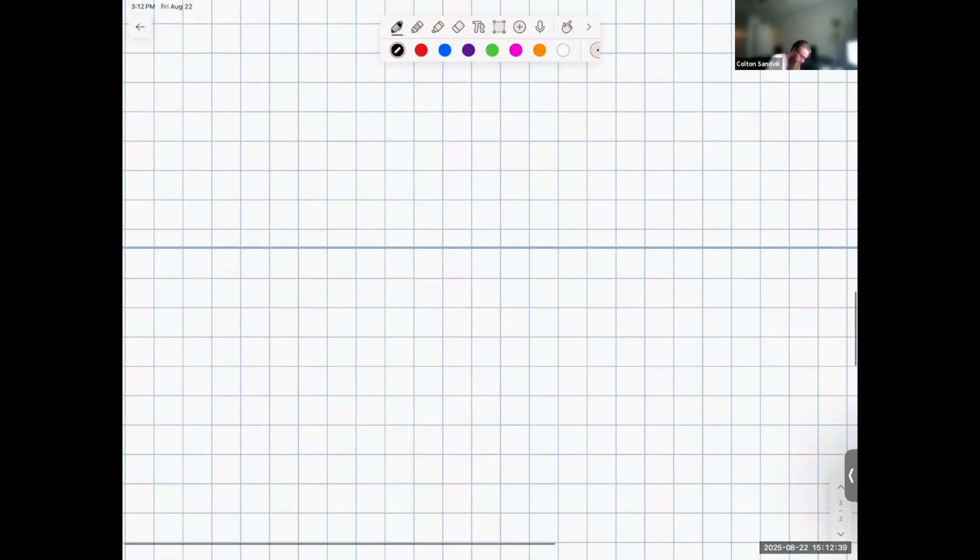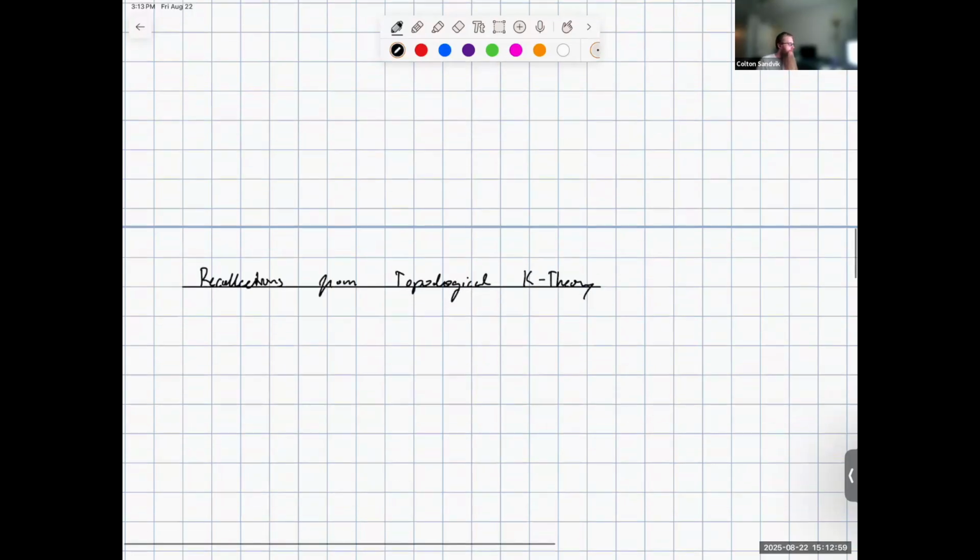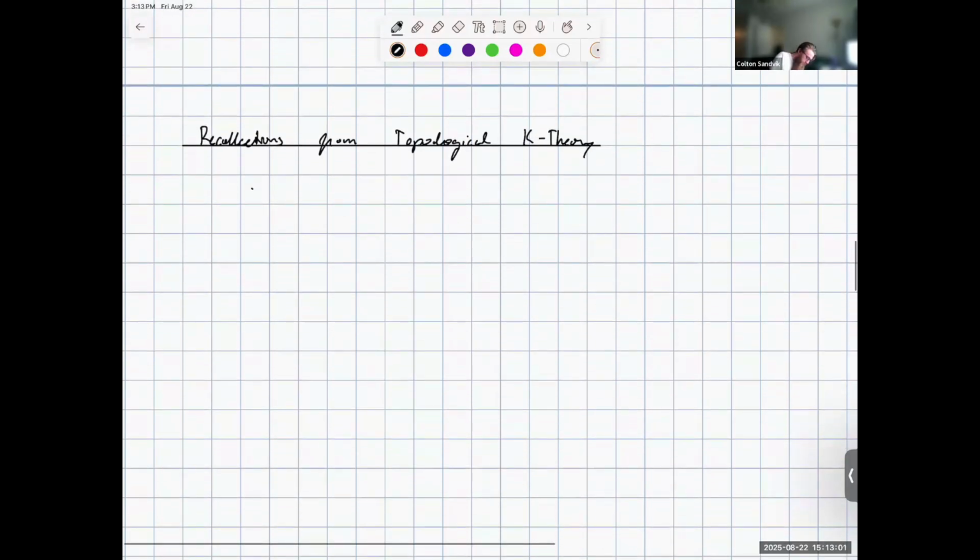Let's start with some recollections from topological K theory. This is a very, very classical subject, so I'm going to switch gears a bit, and we're going to have X be a compact Hausdorff topological space.